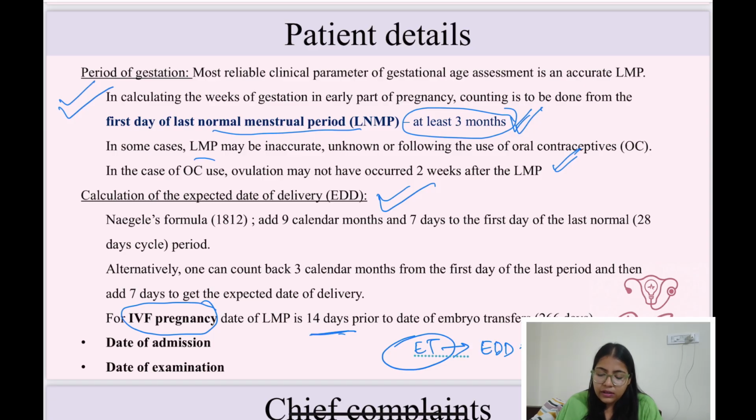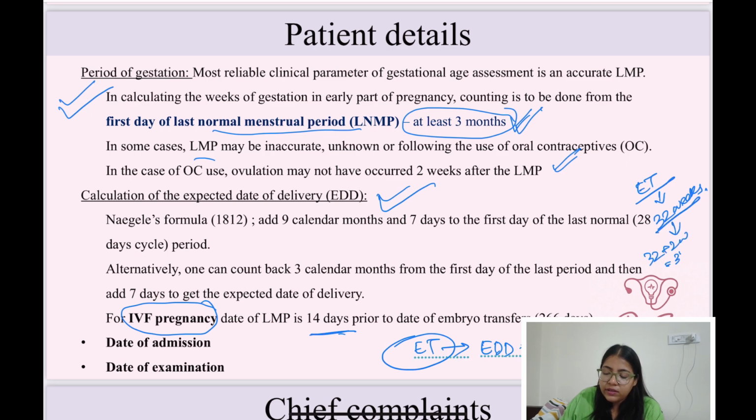So suppose currently from ET her period of gestation is coming to be 32 weeks, but actually her period of gestation is 32 plus 2 weeks, that is 34 weeks. So for IVF pregnancy we calculate like this, we add 2 weeks to the period of gestation and to the EDD. Okay. And we should know when she has been admitted and when we are examining the patient.